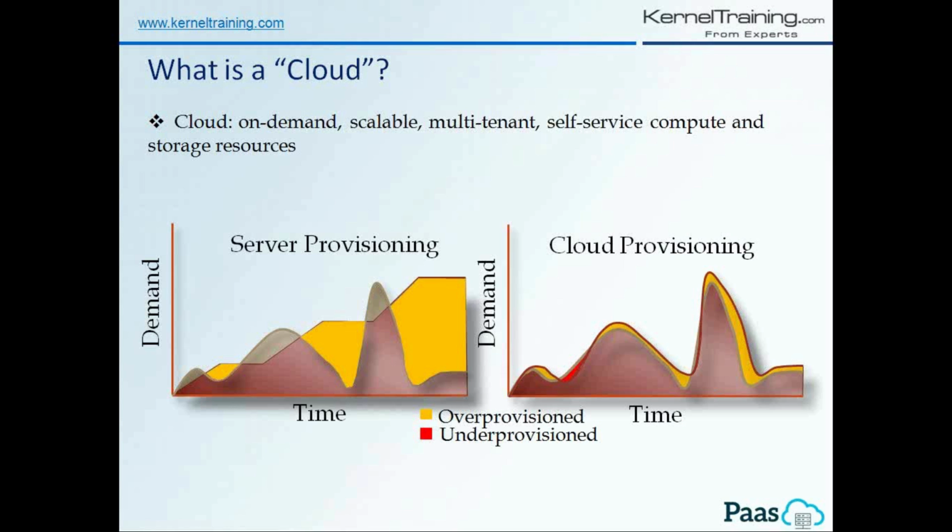The next point is scalable. Scalable means you can rapidly increase your instances based on your requirements. For example, take any application that you put in the cloud. The number of customers who want to access your application can vary.